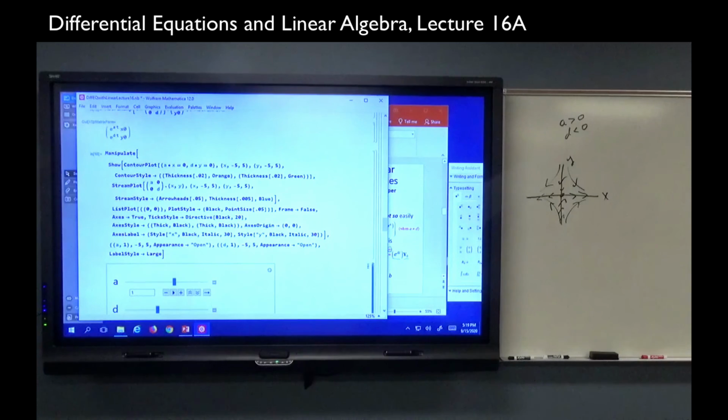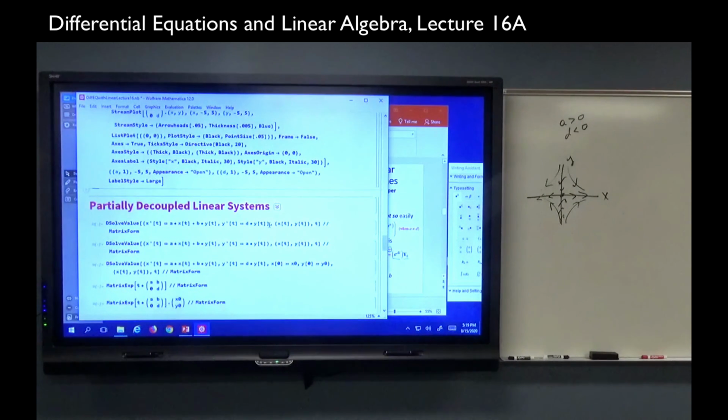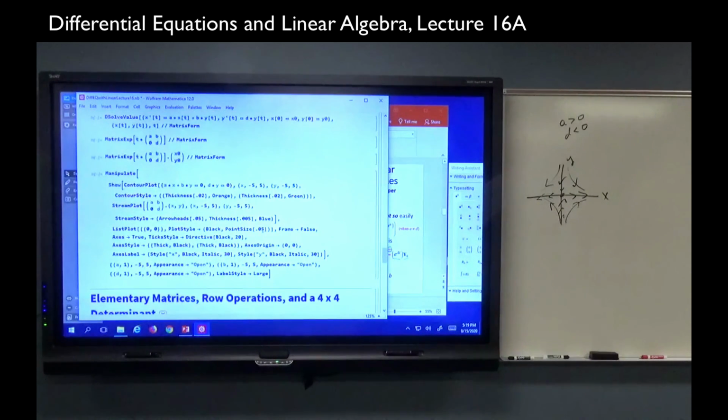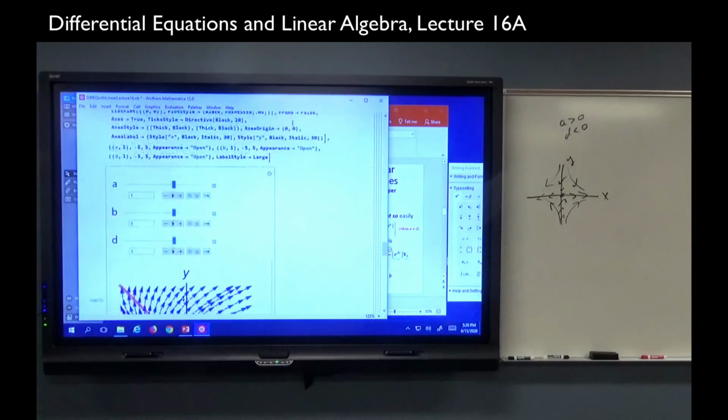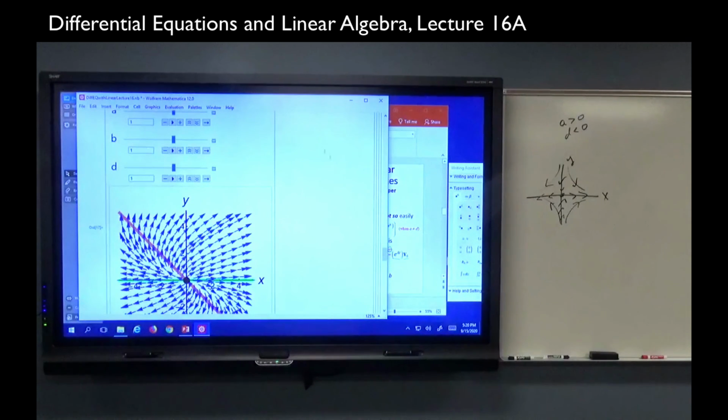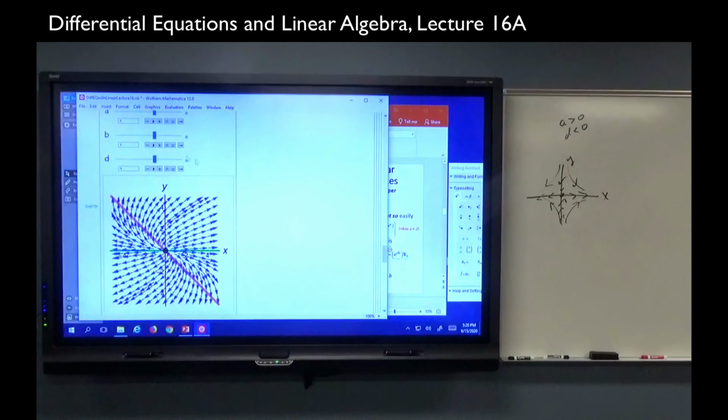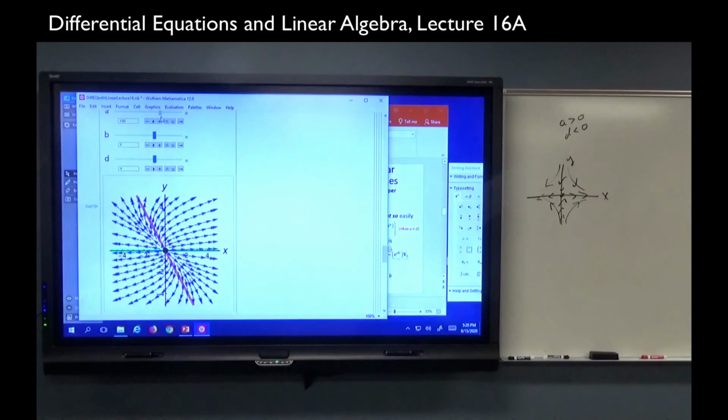And finally, the partially decoupled system is even more interesting. Let's just go down to this picture right here. So with the partially decoupled system, that's where only the C in the lower left corner is 0. You do have solutions, no matter what A, B, and D are, you do have solutions along the x-axis that stay horizontal, though it doesn't always draw them that way.